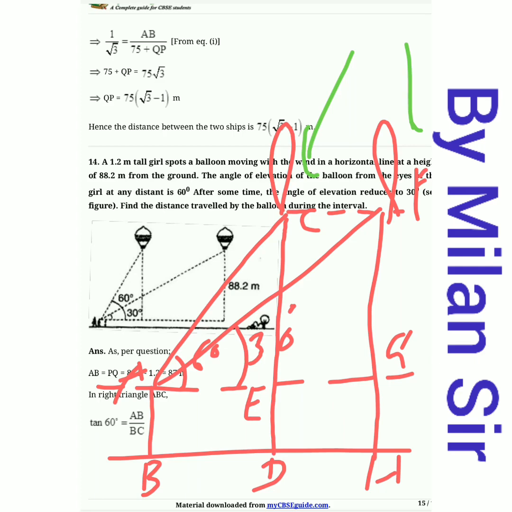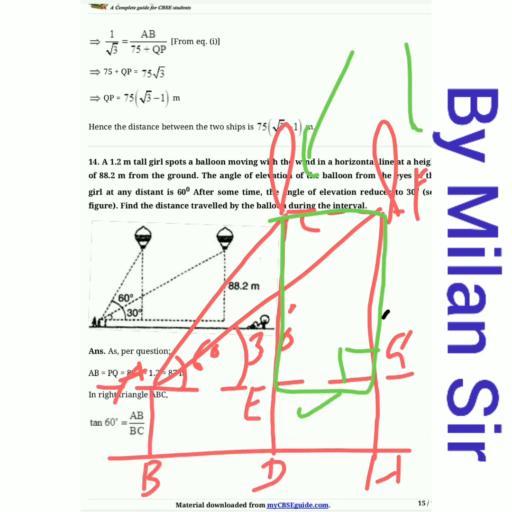But here one rectangle is formed. This one, CFEG. So CF is equal to EG, right? Because CF is not a side of a right angle triangle, not a part of a right angle triangle. So we cannot find it, but we can find EG because it is a part of a right angle triangle. Two right angle triangles form here.